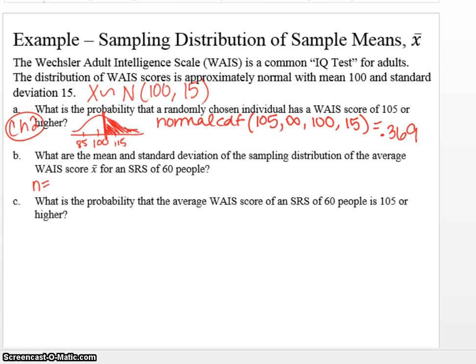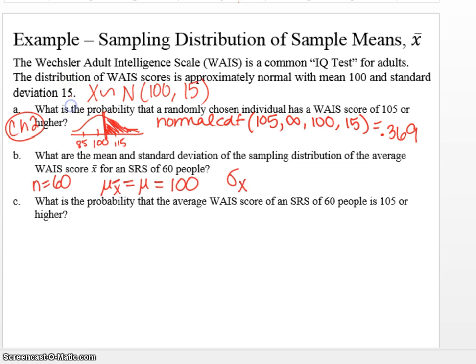So your N is 60, and the mean of all your X bars is going to be the same as the population mean, which is 100. Okay, your standard deviation, oops, this should be an X bar.